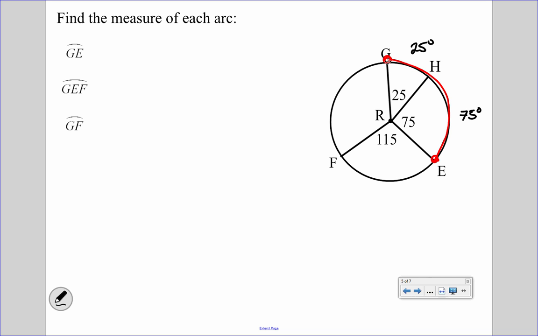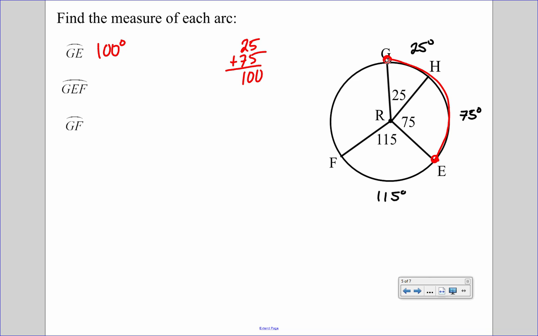Okay, so if both of those arcs include the red arc, all we have to do is add 25 plus 75, and we get 100 degrees. Okay, so you can add those two pieces together. Let's do 115 right here.